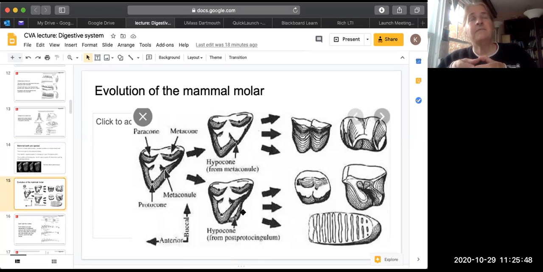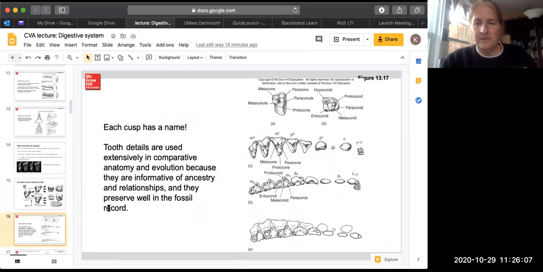So now the mammal molar has the ability to process food in different ways, like herbivore teeth, or slicing teeth with little valleys. So we start getting a lot of diversity in mammal molars related to the first processing of food.